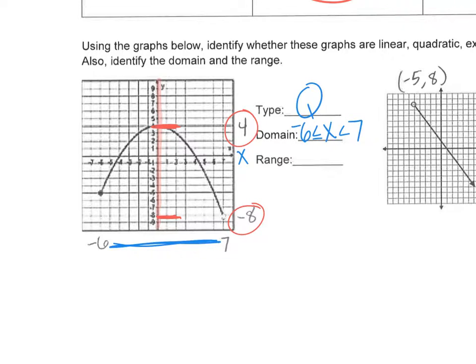So I'm using the axis, not just the points. So my range is from -8. At -8, I have an open bubble, so I'm going to put no line under the inequality. And it goes all the way up to 4. Again, if you want to draw that line, your vertical range, your y-axis, goes all the way down to -8 and all the way up to +4.